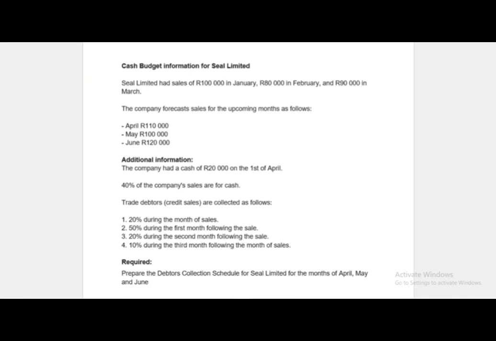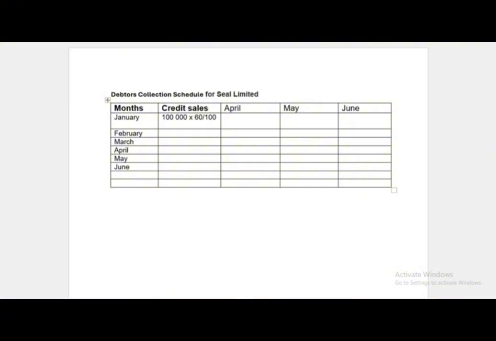So we go to our answer sheet and say 100,000 multiplied by 60 divided by 100, and then we get how much? Let's put that quickly on your calculator. It's going to be 100,000 multiplied by 60 divided by 100. I am getting 60,000 rand. That means this 60,000 rand is the amount for credit sales in January.